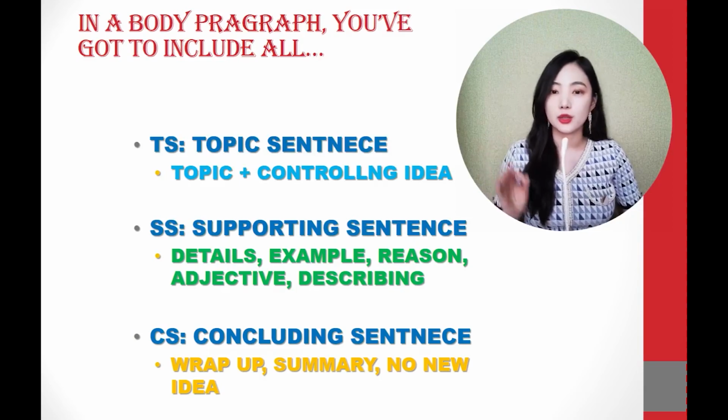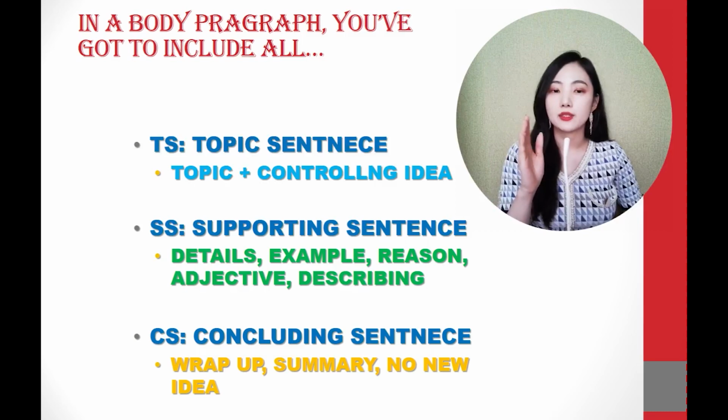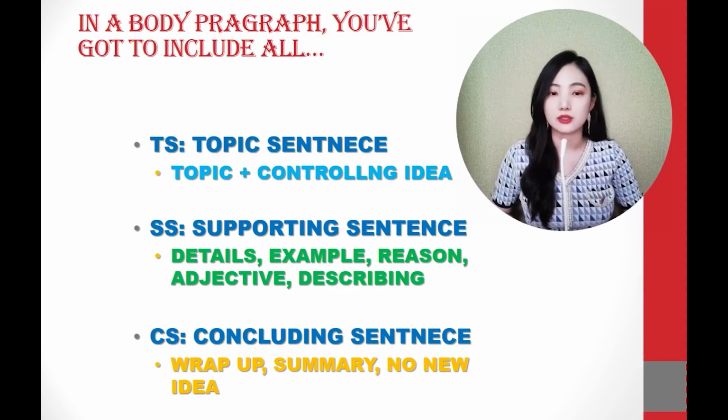Next one is supporting sentence. Supporting sentences are details, examples, reasons, adjectives, and describing words. So maybe your topic sentence is in the beginning part, and your supporting sentences, which are examples of the topic sentence, which are further detailed explanation of the topic sentence, support it.